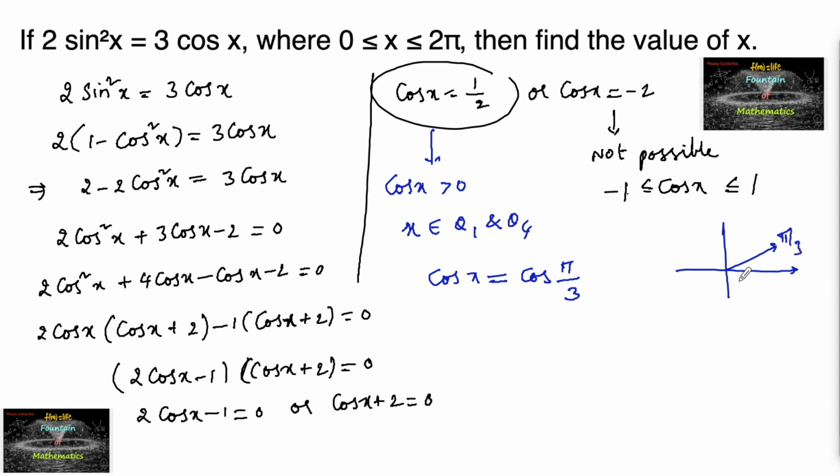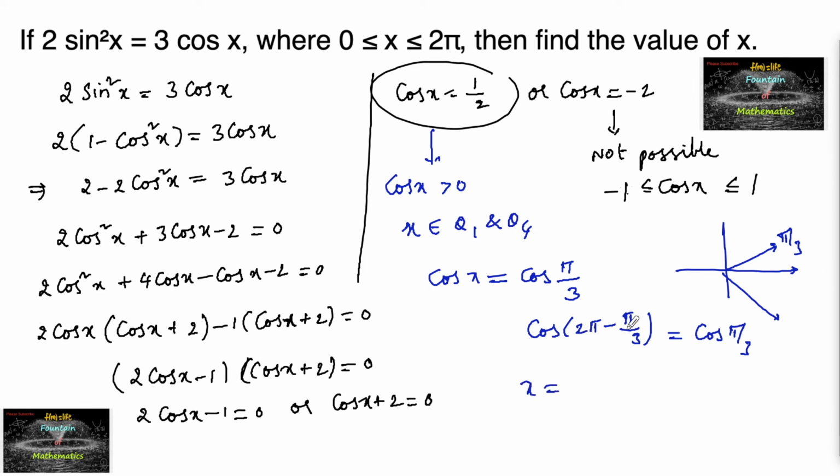And in the fourth quadrant we can consider 2 pi minus pi by 3, because cos of 2 pi minus theta is cos theta, which is positive. So cos of 2 pi minus pi by 3 is equal to cos pi by 3 only, so that another angle can be considered.